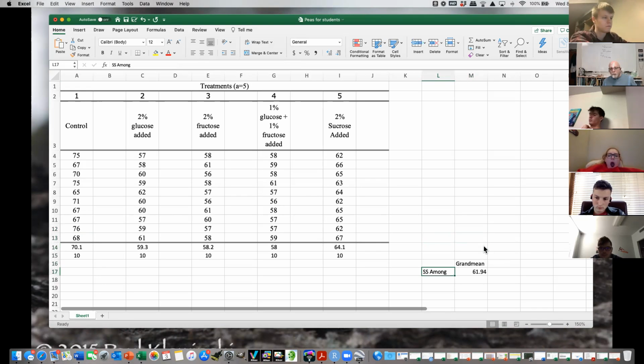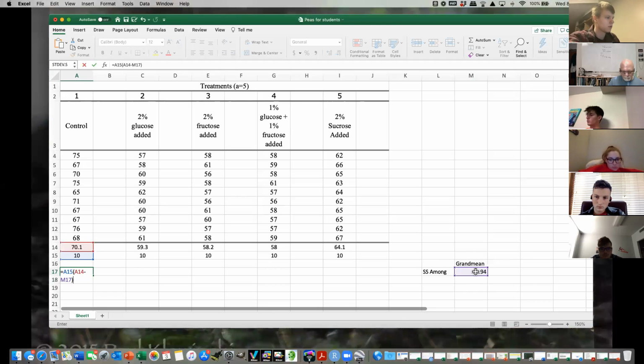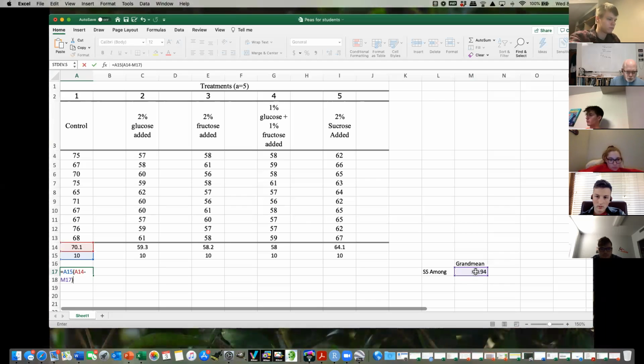So now, how do we calculate the sums of squares among? Well, it's simply the sample size multiplied times the sample mean minus the grand mean squared.